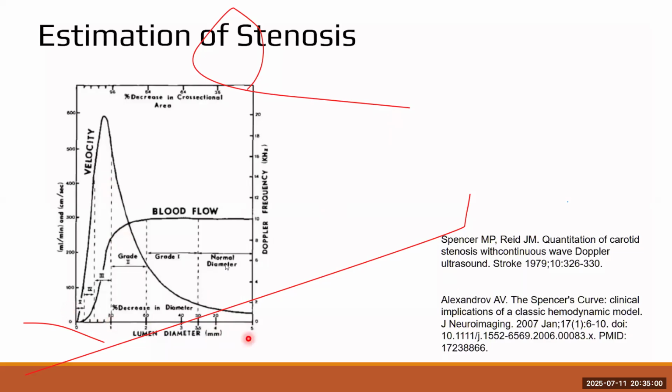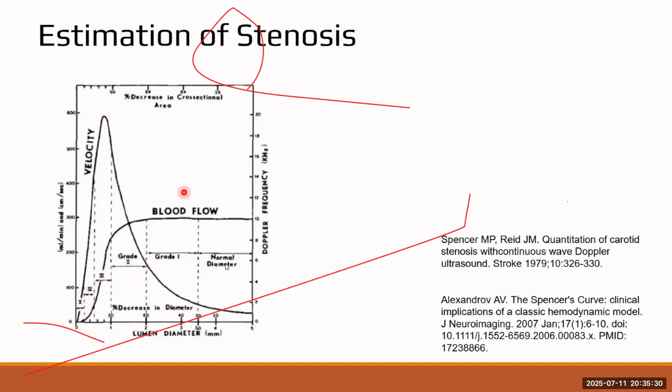So up to 60, the blood flow and the velocities are relatively maintained. We would have seen on the carotid Doppler reports, grade 1, grade 2 is still acceptable. Grade 2 is when the blood flow starts reducing and the velocities start increasing. Grade 3, the velocities would be highest and the blood flow would have gone down significantly. Grade 4 and 5 is where the blood flow is so drastically reduced and the velocities also reduce.